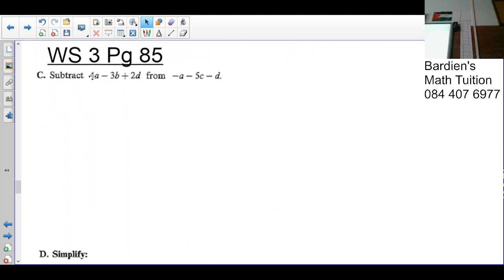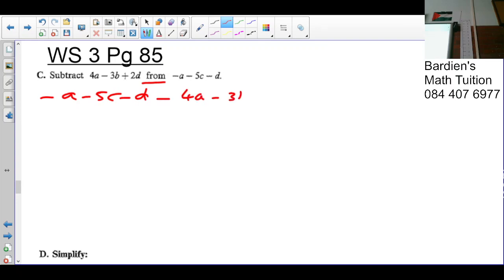Next, he says subtract 4a minus 3b plus 2d from negative a minus 5c minus d. So what's the rule? Whatever follows from, we write first. So negative a minus 5c minus d minus 4a minus 3b plus 2d.